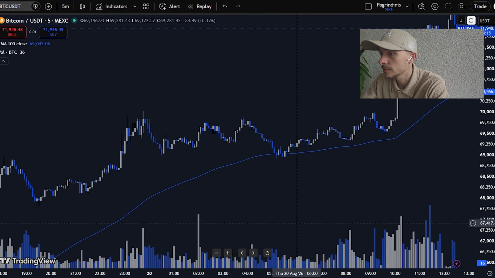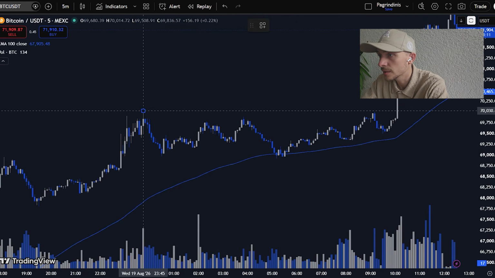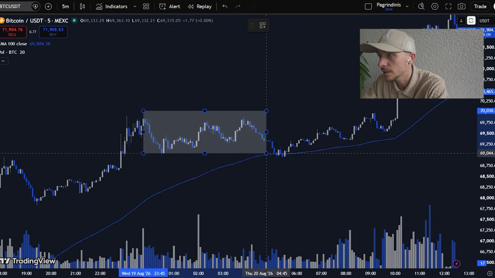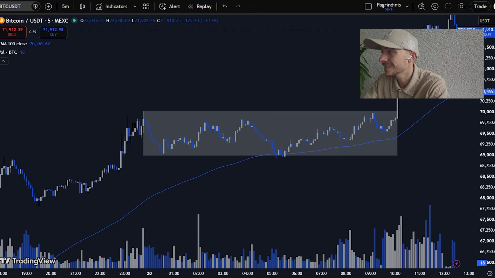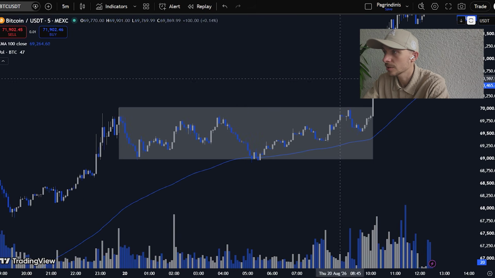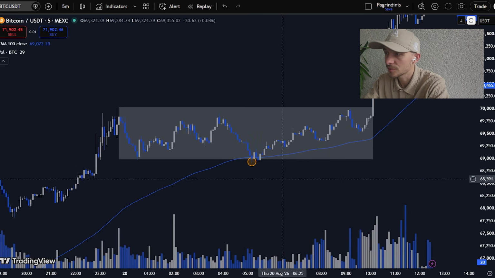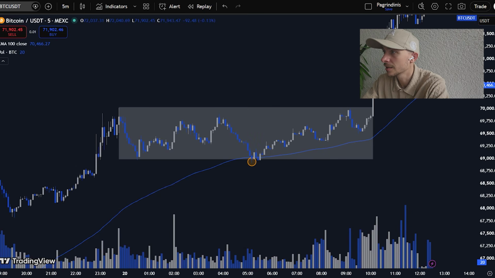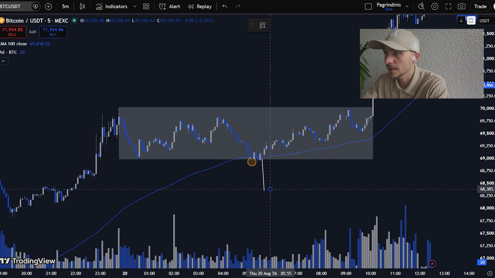For example, during the night, we have our highest point here, our lowest point here. And you see, it was just accumulation. It's a wick, it's not much. Manipulation would be something like bam, a big candle here and bam again going up.